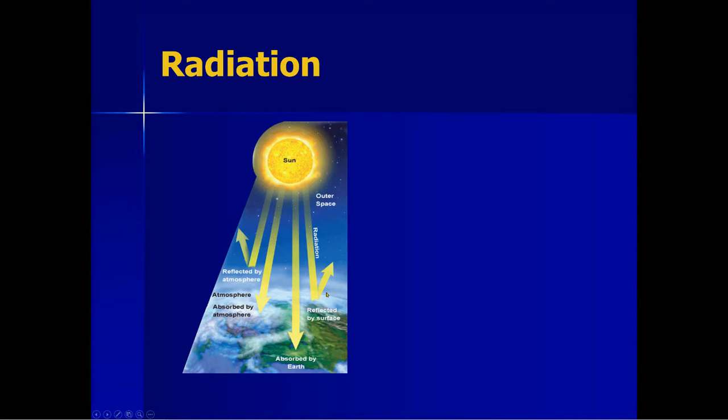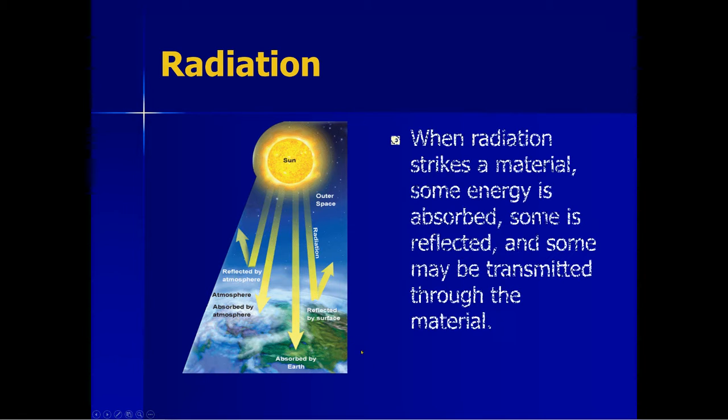Some of it is reflected by the atmosphere, but on earth, we have two giant ice caps on the north and southern poles, and those act like giant mirrors and reflect the radiation back out. Some of it is absorbed by the earth, and some of that radiation is absorbed in the atmosphere. When radiation strikes a material, some energy is absorbed, some is reflected, and some may be transmitted through the material.